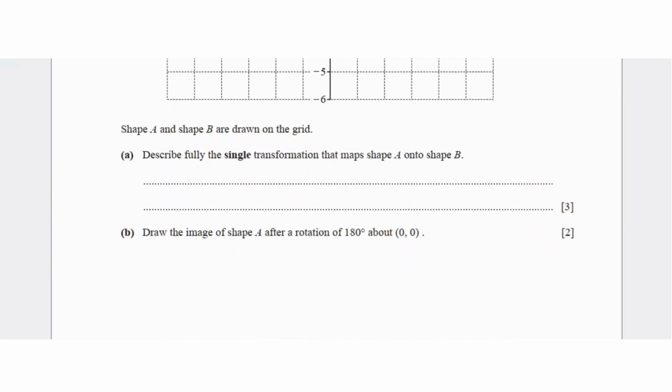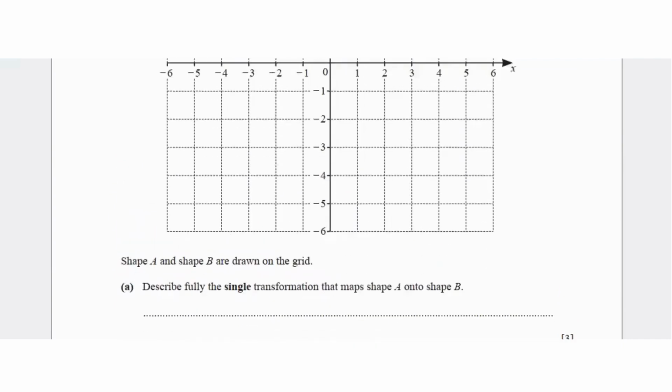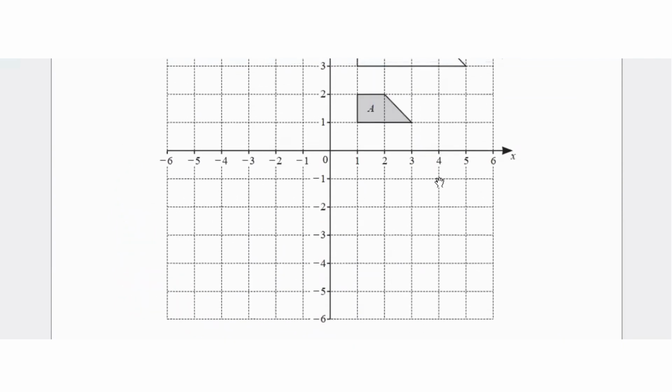Then it says draw the image of shape A after rotation of 180 degrees about 0, 0. So since it's rotating 180 degrees about 0, 0, this is our center of rotation. What's going to happen is that it's going to be a mirror image in the third quadrant over here.